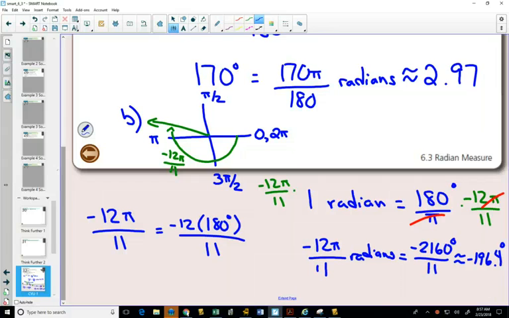Notice that that's what happened over here. If we look at our algebra, when we multiplied by negative 12 pi over 11, our pi's canceled out, and we were just left with 180 instead of the pi. And since pi is equal to 180 degrees, this is what we can do as a shortcut whenever we have 180 degrees and pi.